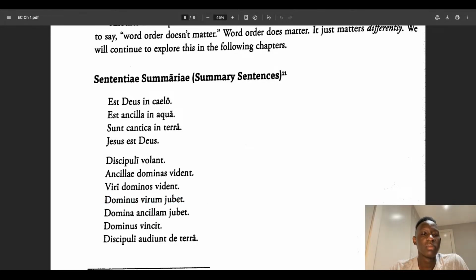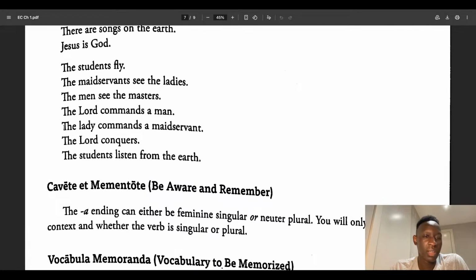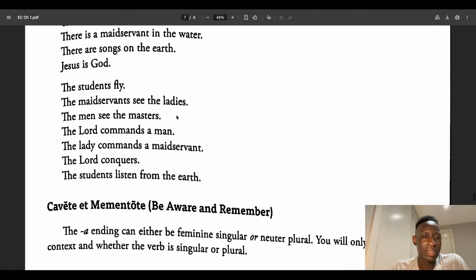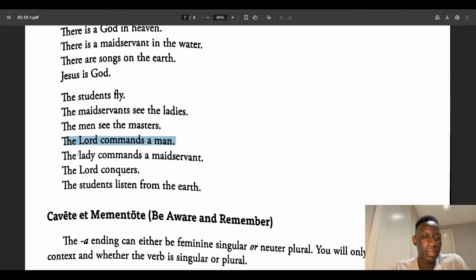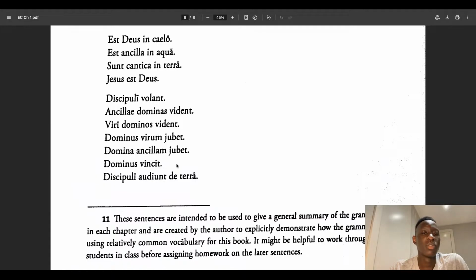Oh. Domina ancillam iubet. The lady sees the maidservant. Commands. Lord commands. Okay, iubet is command. No, Dominus vincit.